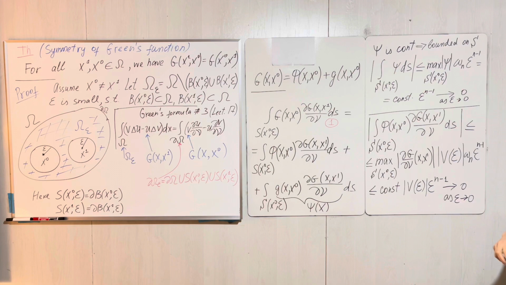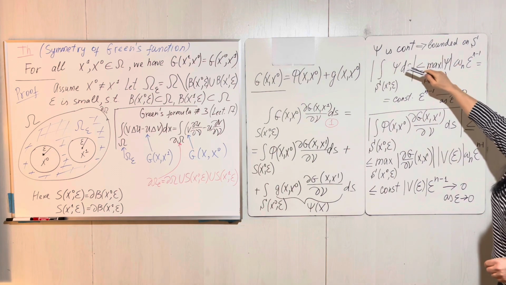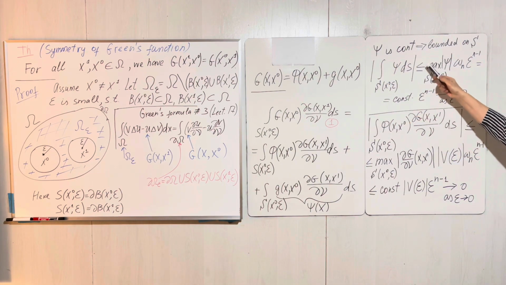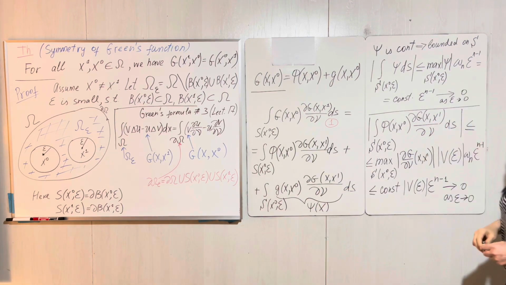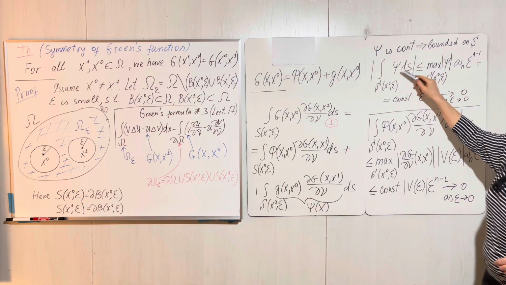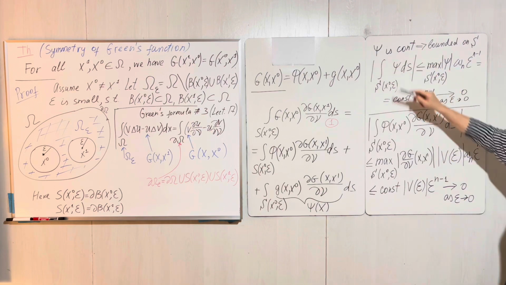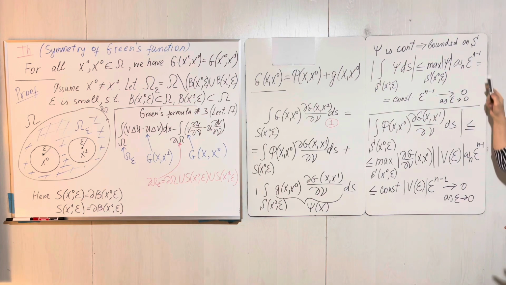If we take the absolute value of this integral, it is less than or equal to the maximum of the absolute value of Psi on this sphere, which we can pull out, times the surface area of the sphere, which is omega n, the surface area of the unit sphere, times epsilon to the n minus 1.